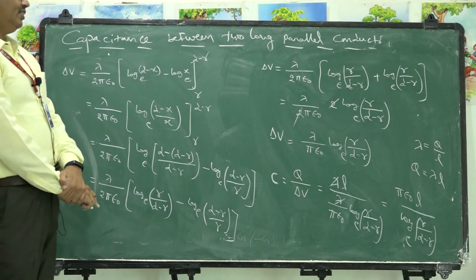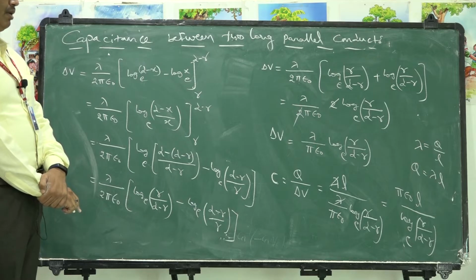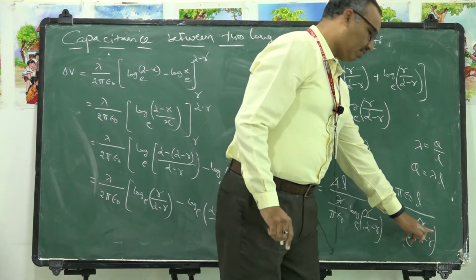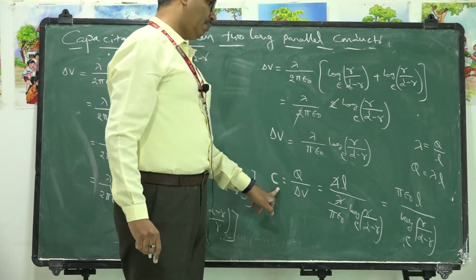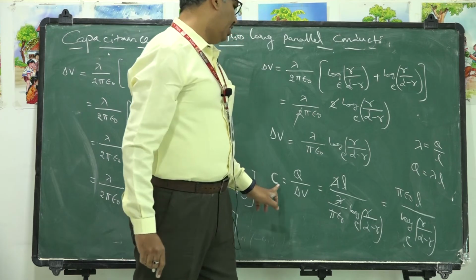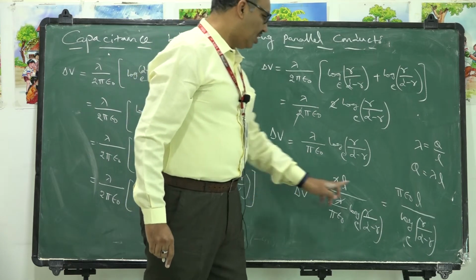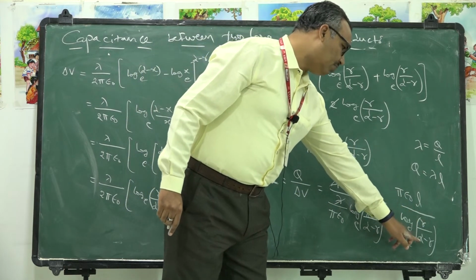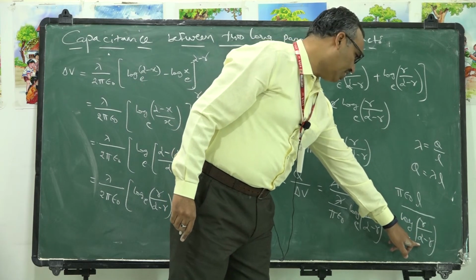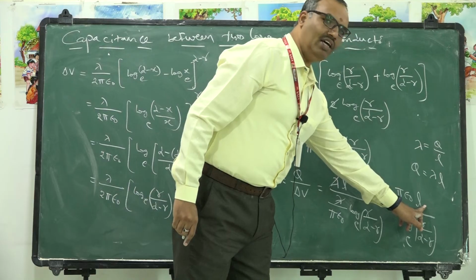So the capacitance of two parallel conductors separated by a distance d, each conductor having radius r. If you observe clearly, capacitance depends on the length of the conductor, and it also depends on the radius of the conductor and separation between the conductors. Here r is the radius of each conductor, d is the separation between the conductors, L is the length of the conductor.